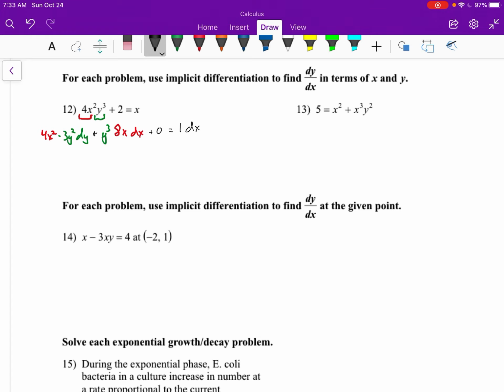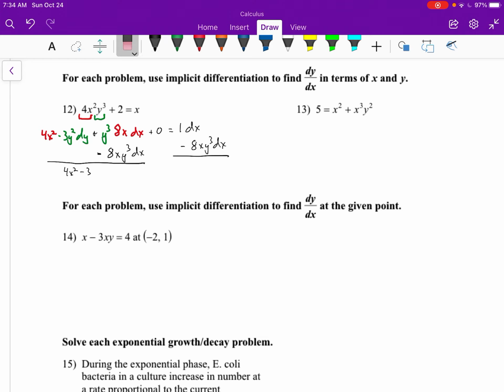And we want to solve for dy dx. So let's get all the dy's on one side and the dx's on the other side. To do that, we will just subtract 8xy cubed dx from both sides. 8xy cubed dx. And we get 4x squared minus 3.